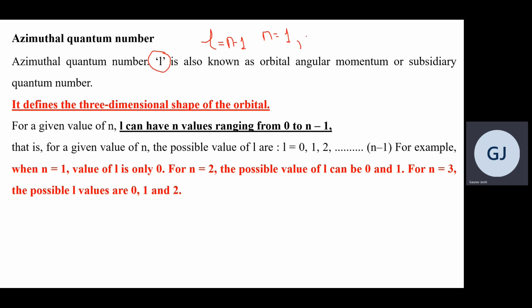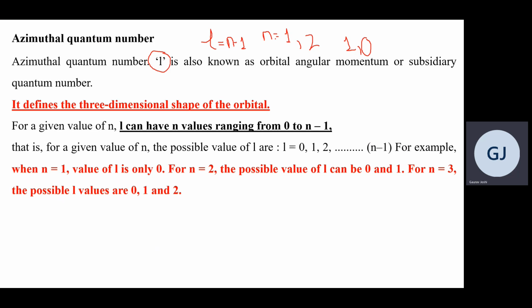If n is equal to 2, l can have two values: 2 minus 1, that is 1, and 1 minus 1, that is 0. So l will have two values. If n is equal to 3, l will have three values: 3 minus 1 is 2, 2 minus 1 is 1, and 1 minus 1 is 0. So l will be 0, 1 and 2.